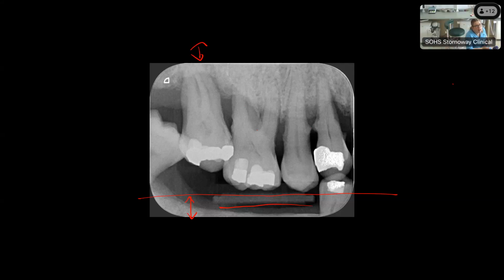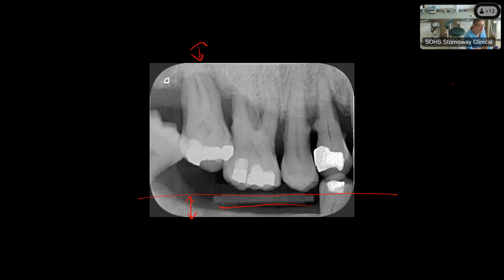I would say it depends what it was taken for. If that was a PA of the 1/8, the most posterior tooth, then that's not acceptable because you cannot get a full clear image of the apex. If, however, it was a periapical of the 1/6, 1/5, 1/4, yes, lovely, acceptable.